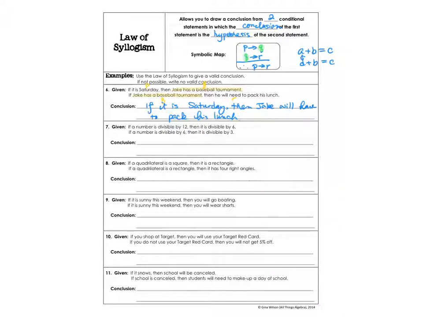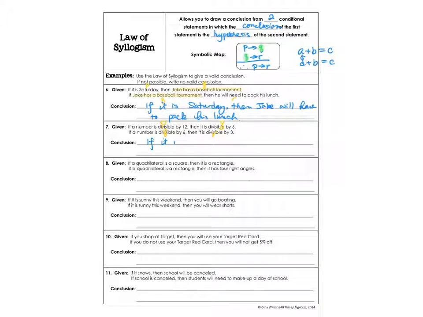Number 7, if a number is divisible by 12, so this is my P, then it's divisible by 6. That's my Q. If a number is divisible by 6, that's exactly Q, then it's divisible by 3. So this is perfectly lined up, so we can draw the conclusion.